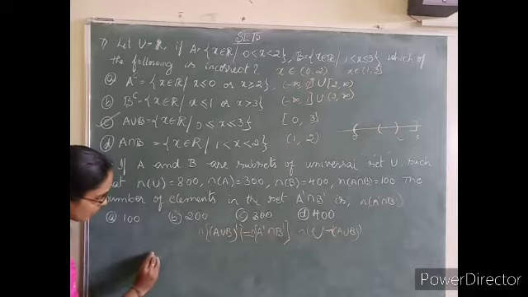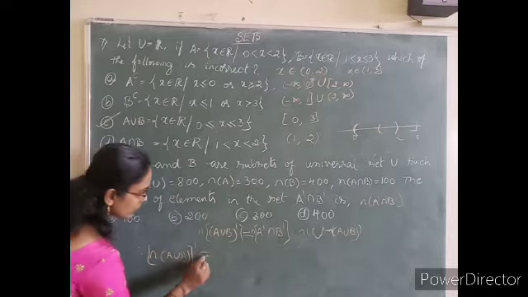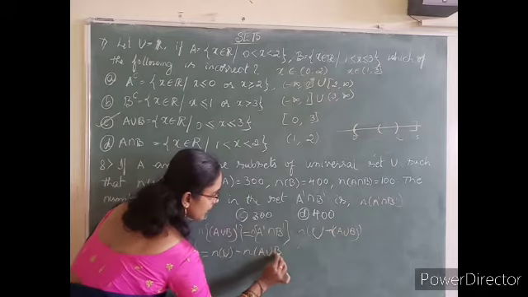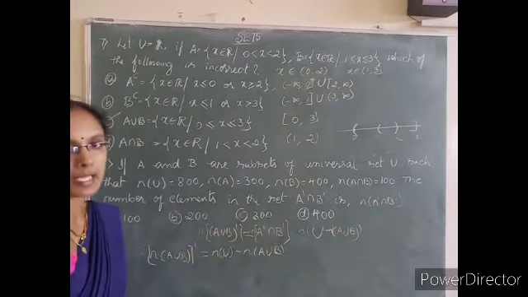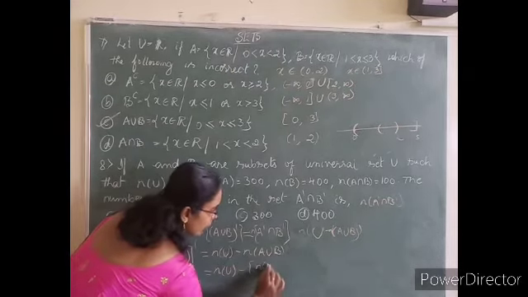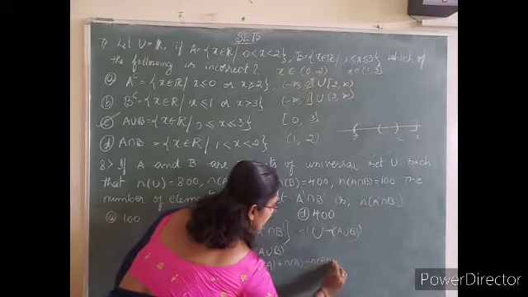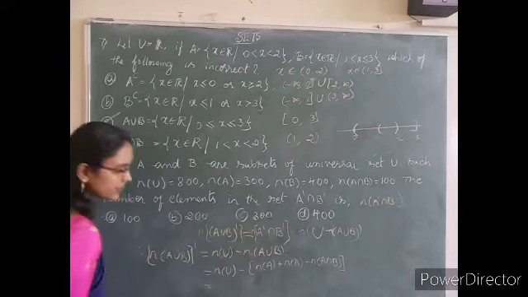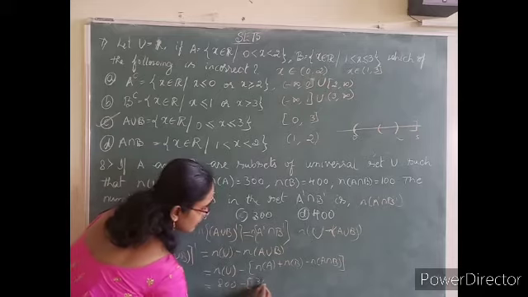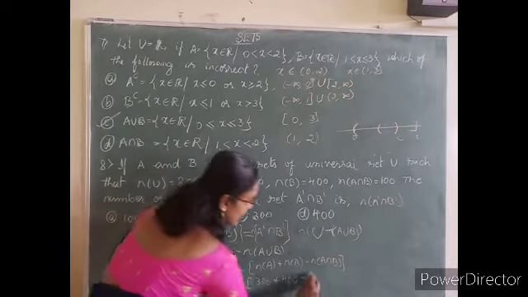Therefore by De Morgan's law I can write n of A union B whole dash is equal to n of U minus n of A union B. And we have the result n of A union B is n of A plus n of B minus n of A intersection B. Substituting all the values here, n of U is 800 minus n of A is 300, n of B is 400 minus n of A intersection B is 100.